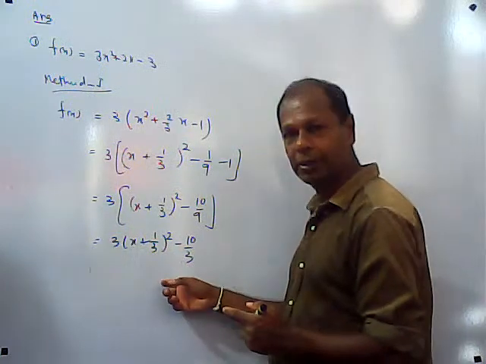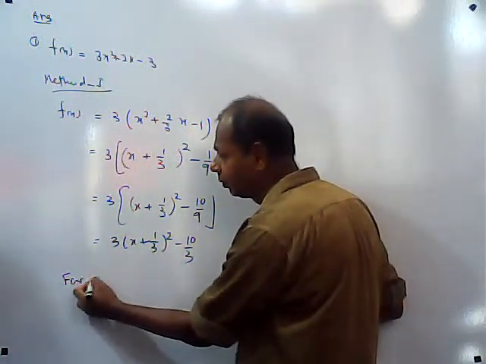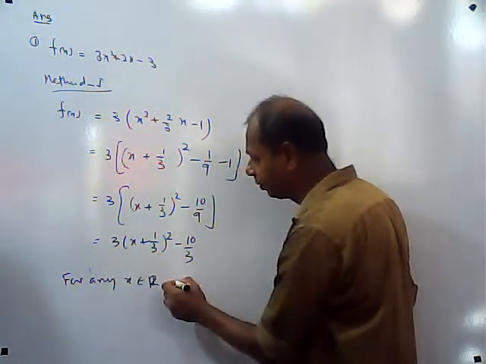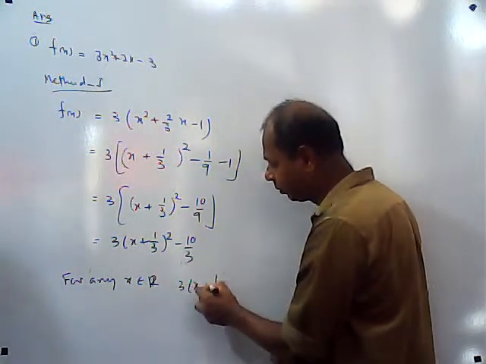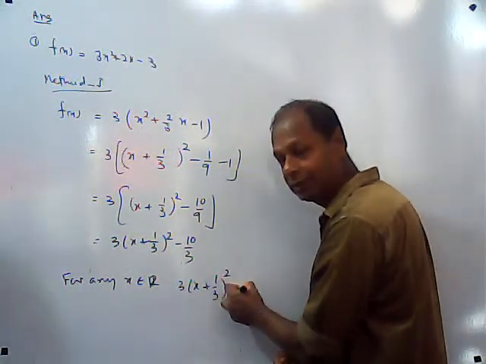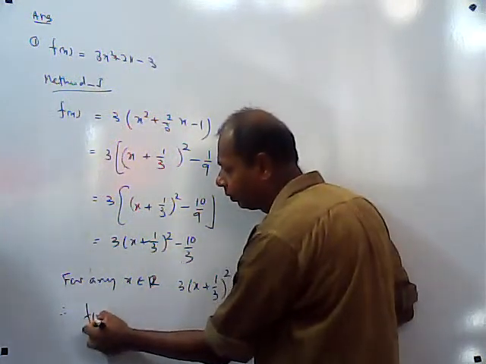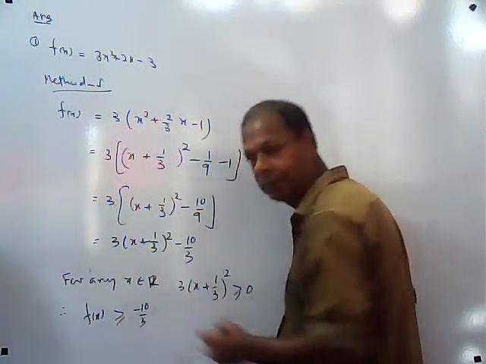You should simplify it up to this. And then you argue that for any real x, 3 times x plus 1 over 3 squared, the whole thing, is greater than or equal to 0. Therefore, f(x) is greater than or equal to minus 40 over 3.